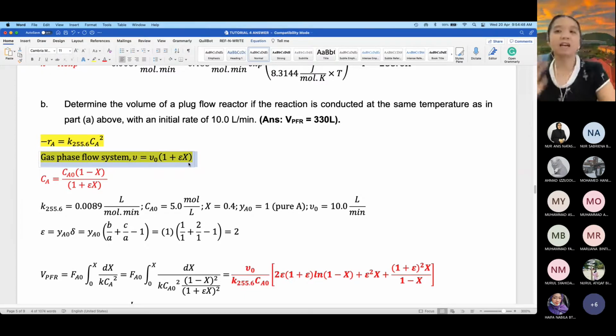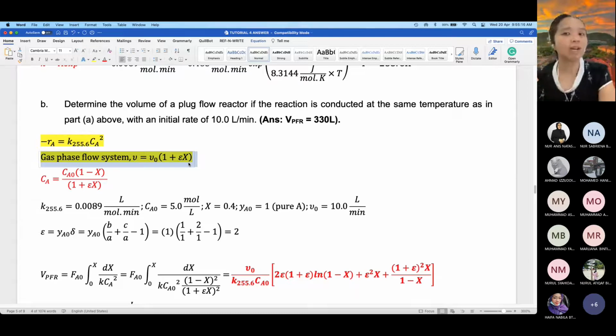Okay, so how do we solve this? Again, as I told you, bila kita nak guna design equation, you have to check these three information. First, plug flow reactor. Second, gas phase. Tadi kalau batch reactor, the phase is not important, equation dia sama. Tapi kalau flow reactors, PFR or CSTR, you have to really check the equation must be for gas phase.